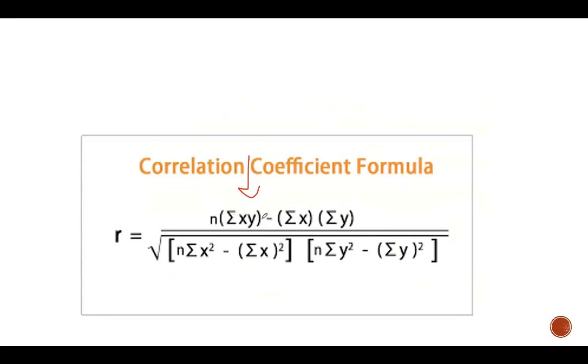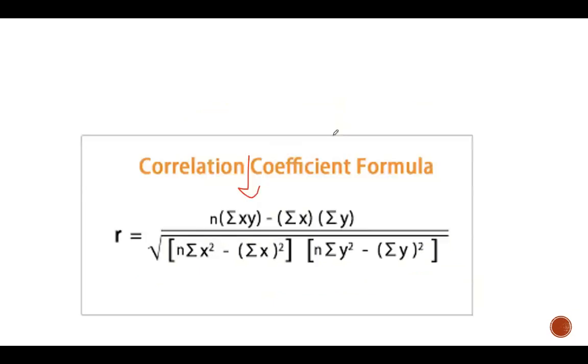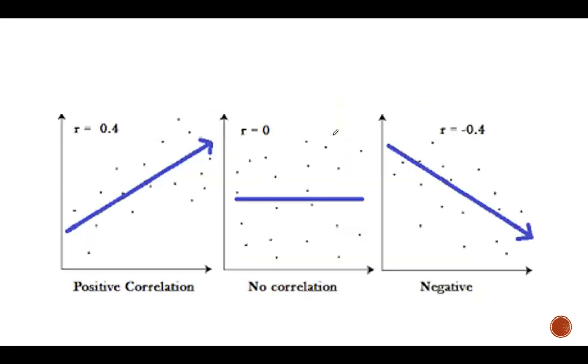You just have to multiply the x and y values and do the summation, and the averages we are already calculating, and we have to calculate the squares of x and y values. We'll be solving a sum using this formula, so that you learn how to solve the sum as well, okay, for your exams.